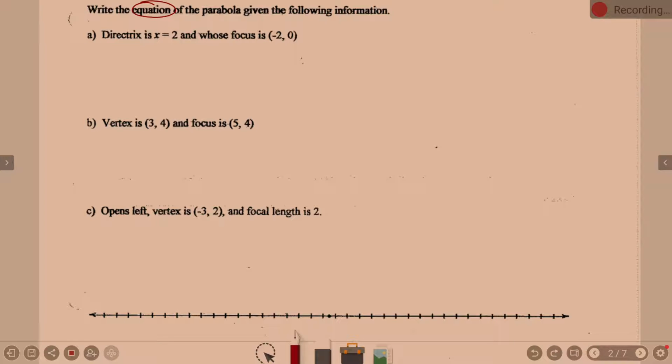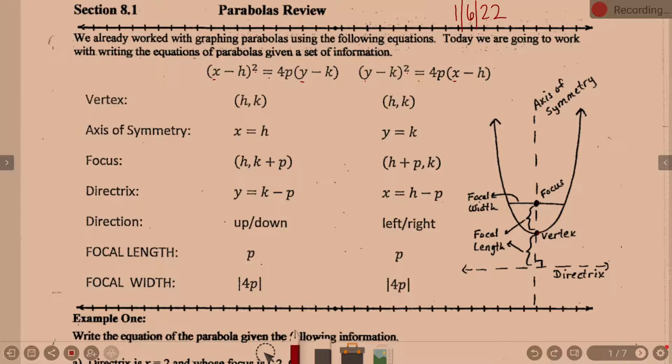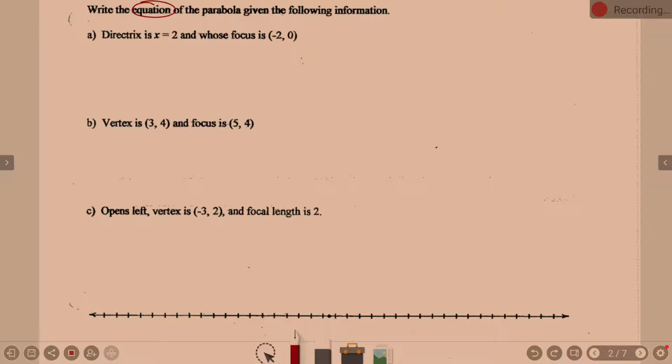The fact that my directrix is x equals, in which column, and I'm going to bounce back and forth here, guys, in which column is my directrix x equals? And that's in this right column where my parabola is a sideways parabola, right? So first thing I'm going to do is I'm going to take this equation right here, and I'm going to write it down because that's the equation I'm trying to fill in on my example. Okay?